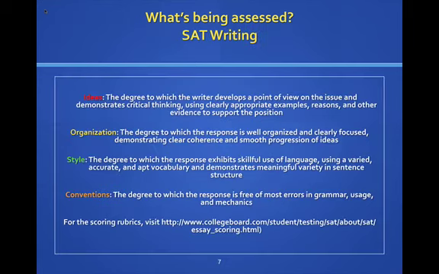What's being assessed in the SAT? Same things: ideas, organization, style, and conventions. If you would like to see these scoring rubrics in more detail, you can visit www.collegeboard.com. You can just copy and paste that URL to see the specific SAT one.